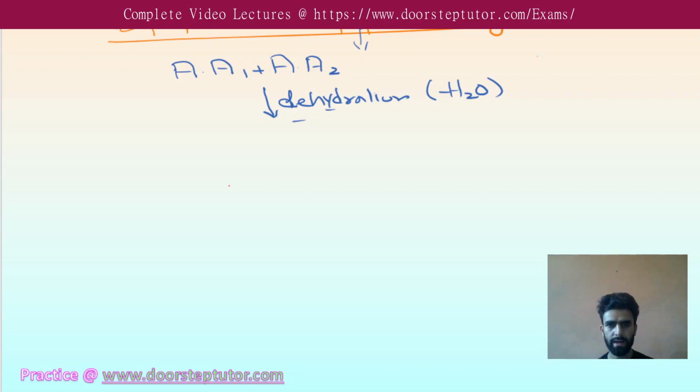Now let's understand this by taking an example. Suppose we have an amino acid like this, this is one amino acid, and we have here another amino acid.